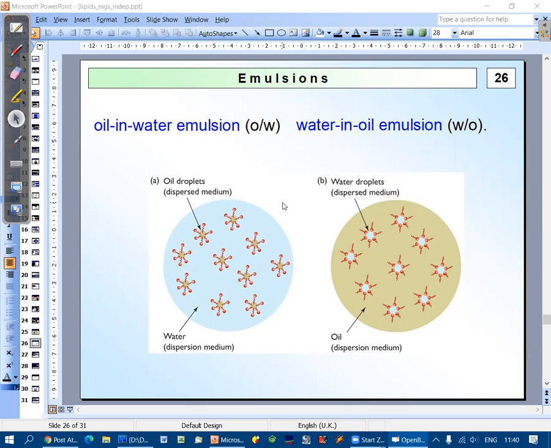In case of lyophilic, or water-like, surfactant, you will get oil in water emulsion. In case of lyophobic, you will get water in oil emulsion.